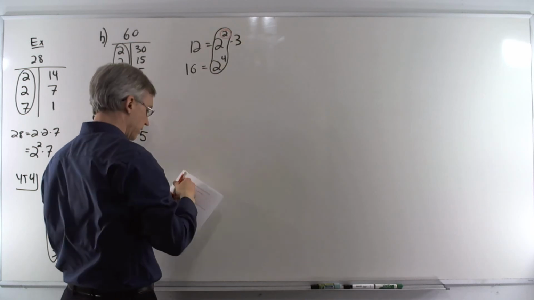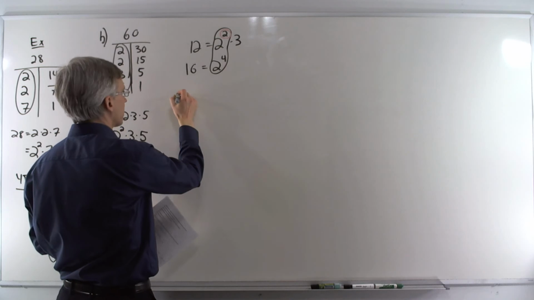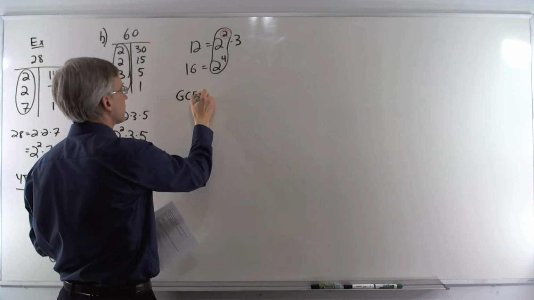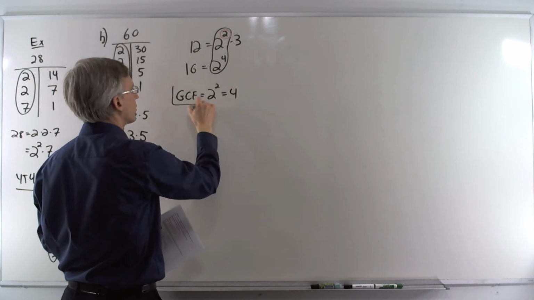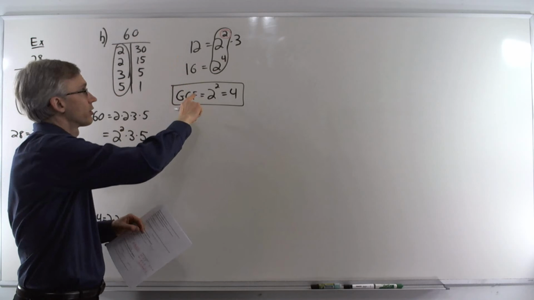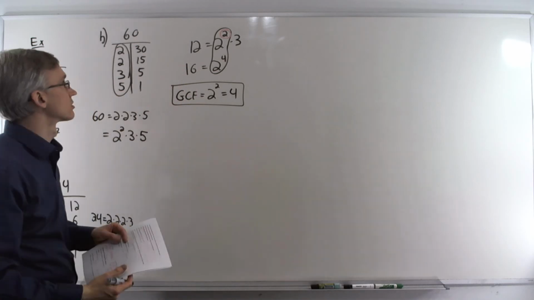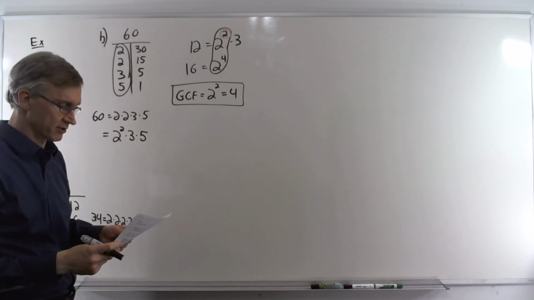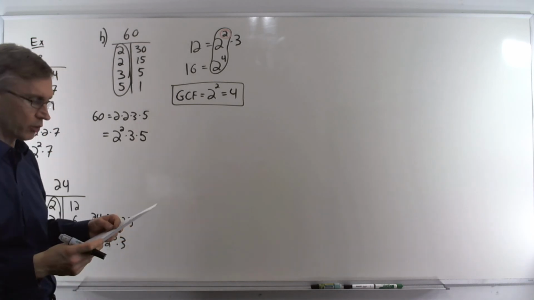So that's going to be in the prime factorization in the greatest common factor. So the greatest common factor is 2 to the 2nd power, or 4. So that's the only match we had, so that's the only one we include. Smallest exponent is 2, so 4 it is. The greatest common factor of 12 and 16 is 4. All right, now let's do 20 and 30.